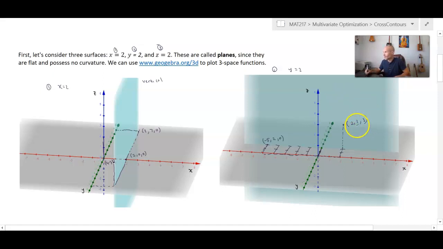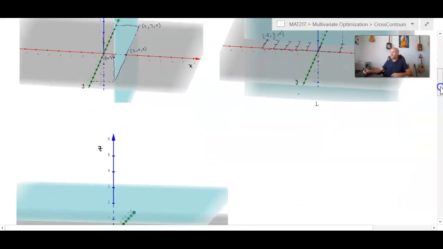Once again, the key here is that in all of these ordered triples, the y value is 2. And therefore, this vertical sheet represents all the positions where y is equal to 2. Now keep in mind, this plane does, again, go on infinitely in all directions, but we just would have a hard time visualizing it if it were just a big blue blob.